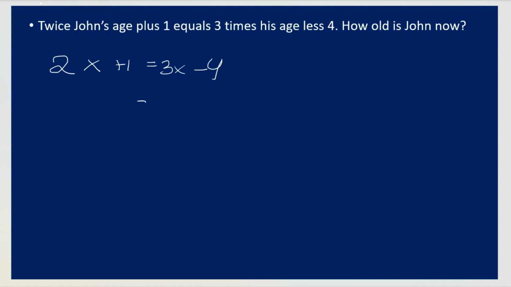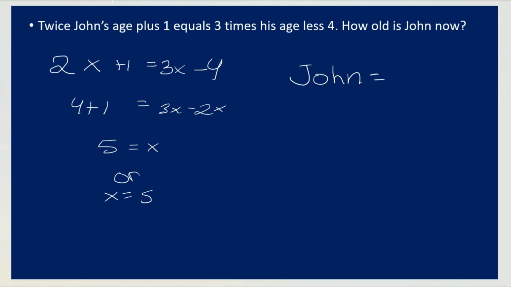So now this is going to equal 4 plus 1, and then 3x minus 2x. And then 5 equals x, or x equals 5. And now we know that x is John's age, and we want to know how old John is. So we're going to say John is 5 years old.